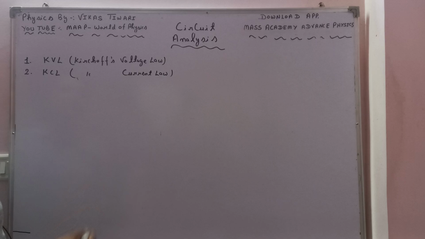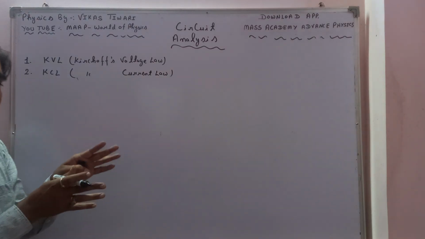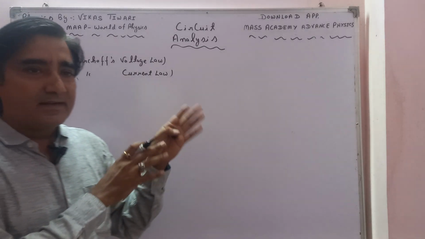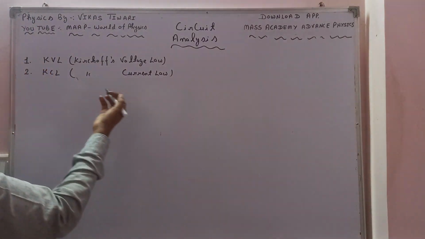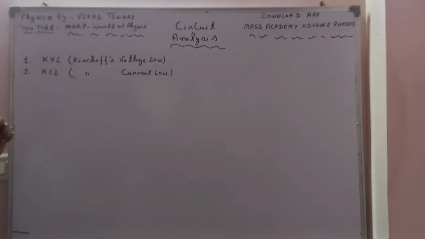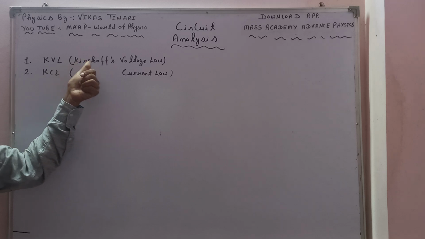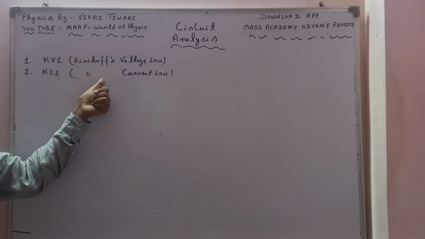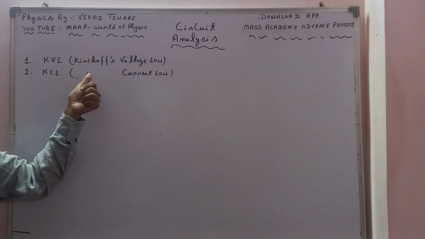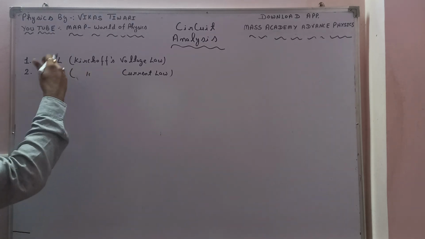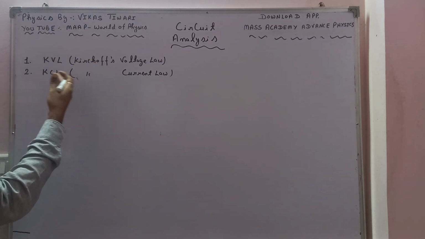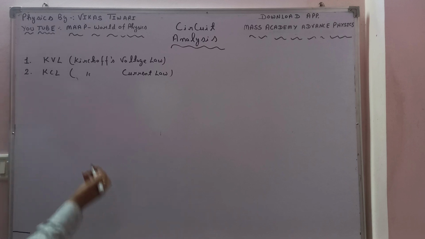These are two things that we have already studied in current electricity in class 12th, but still we will discuss them. KVL is called the second law of Kirchhoff and KCL is called the first law of Kirchhoff. First I will discuss KVL, then KCL.